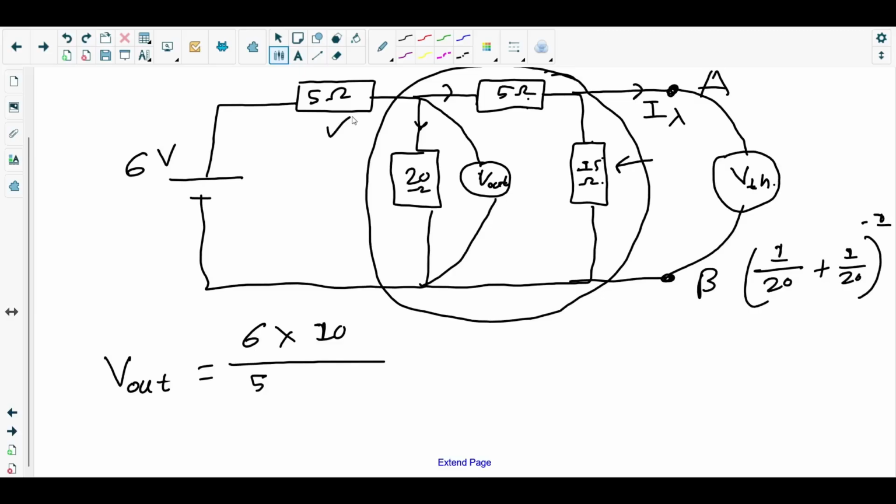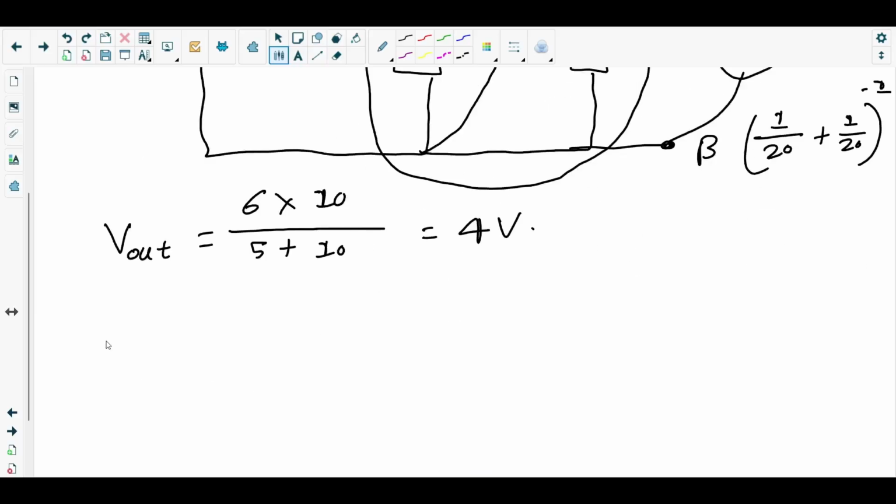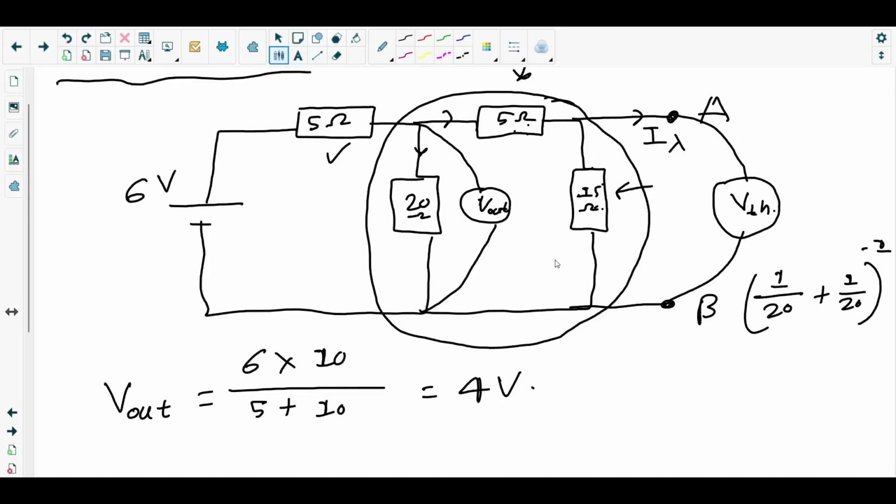So 6 times 10 is 60 over 15, which is 4 volt. Now this 4 volt will be supplied across the 5 ohm resistor, 15 ohm resistor, and the load resistor. So this is 4 volt. Now consider this as the EMF source, like we did for this one. So 4 volt is the EMF.